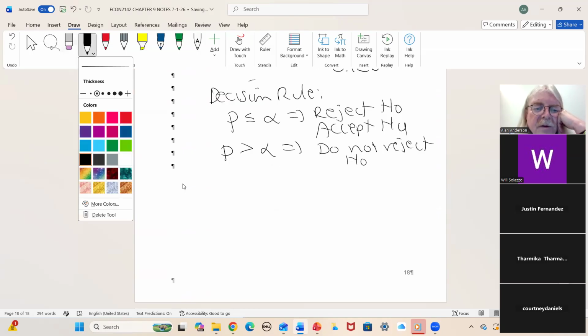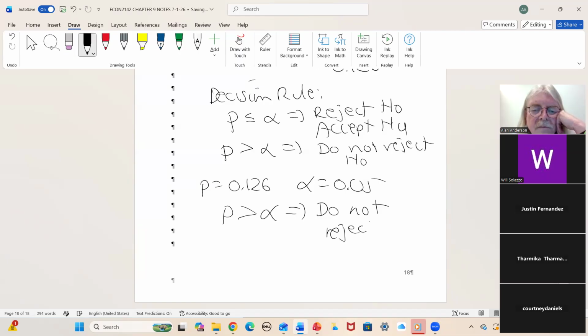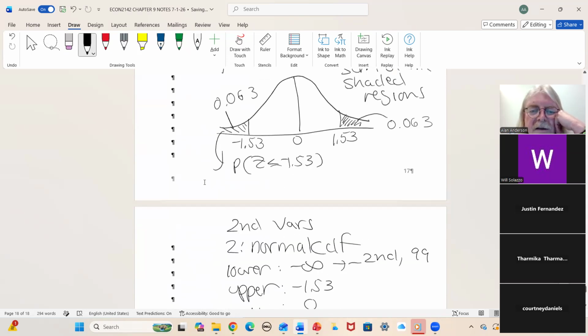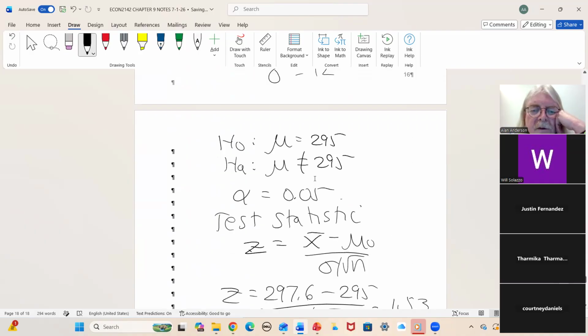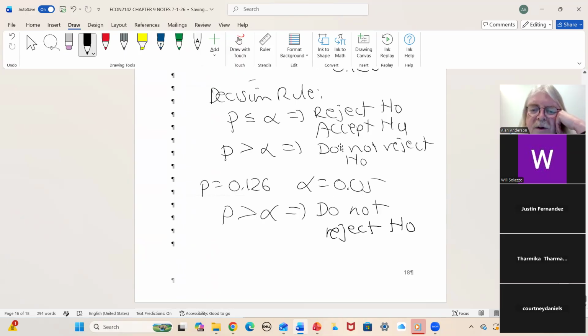Well, I think we can see where this is going. So we're not going to reject the null. Okay. Which means that the golf balls have the right distance. The alternative would have been that the mean is different, but that's not the case here. So that means the golf balls are doing exactly what they're supposed to do.